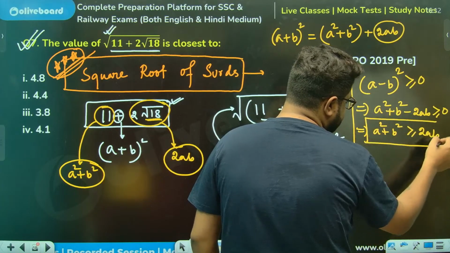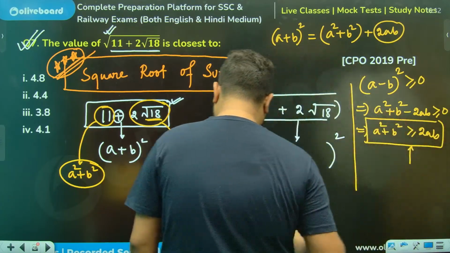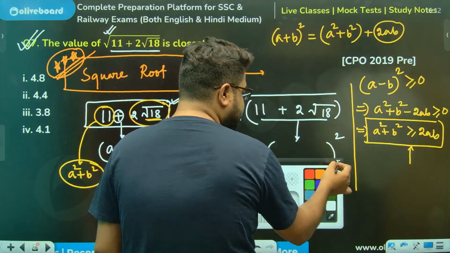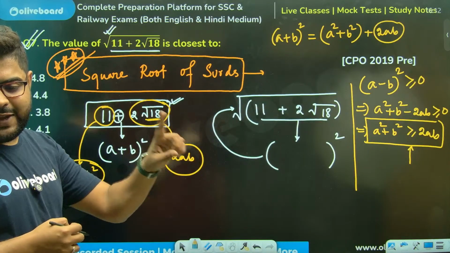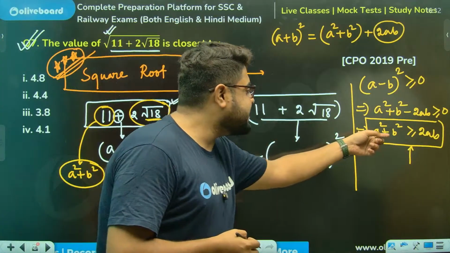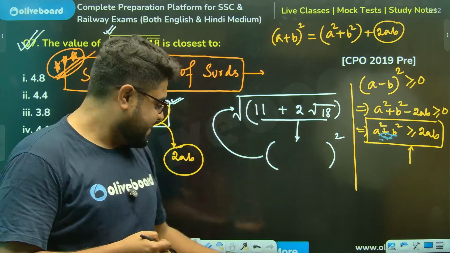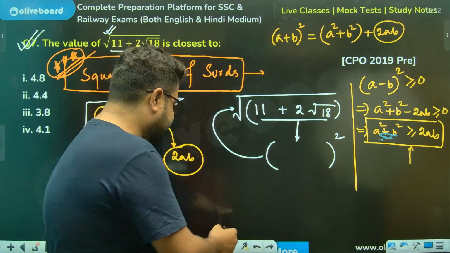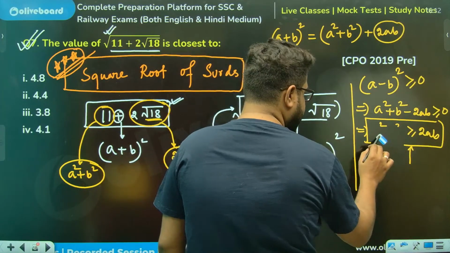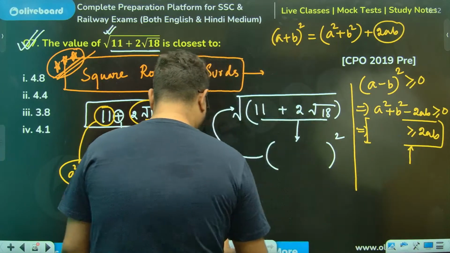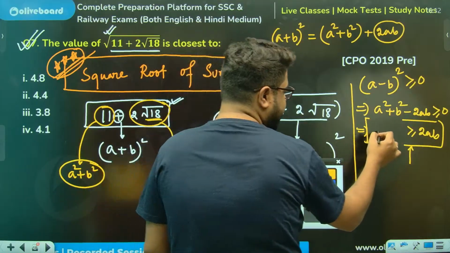Conclusion. Tell me what conclusion can we draw from there? The conclusion is that out of these two, always the bigger one is a square plus b square.